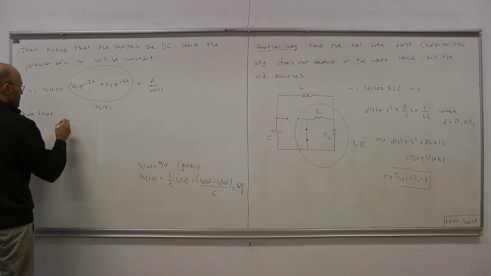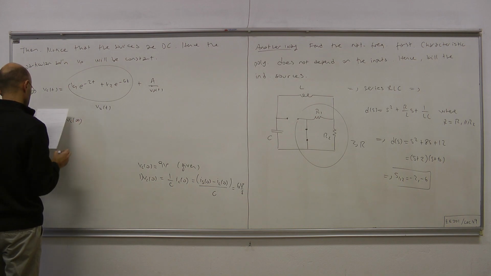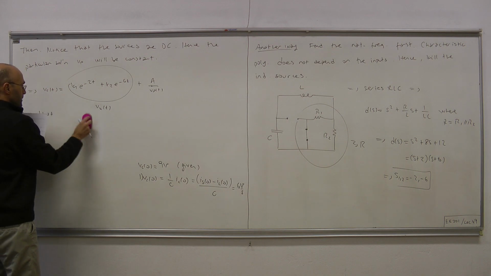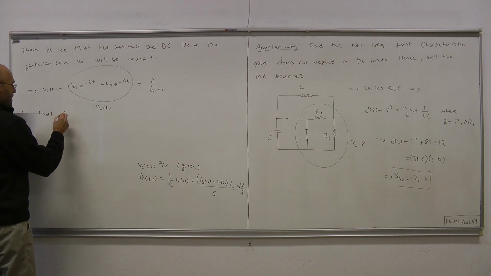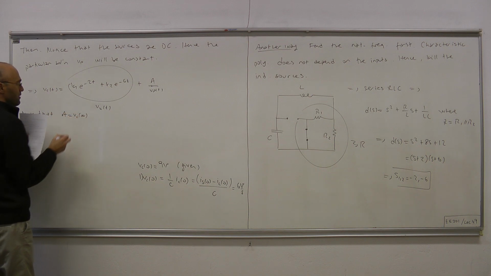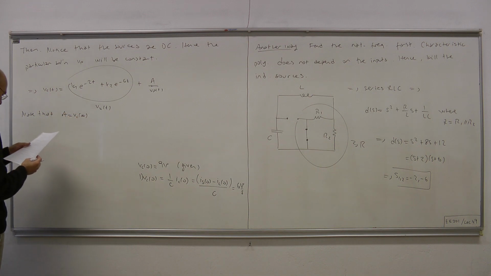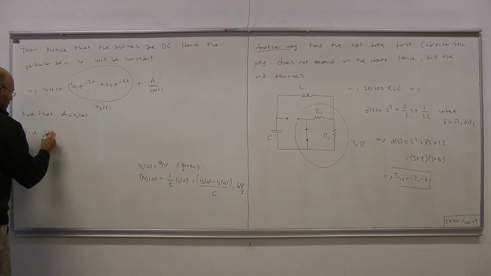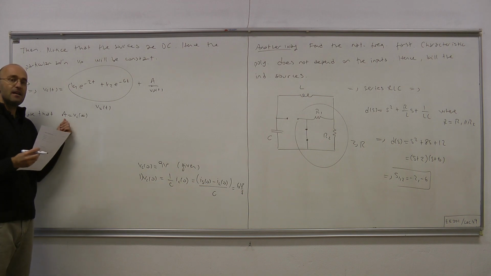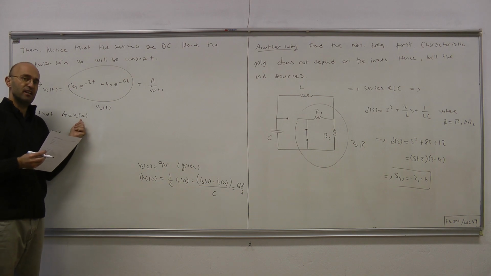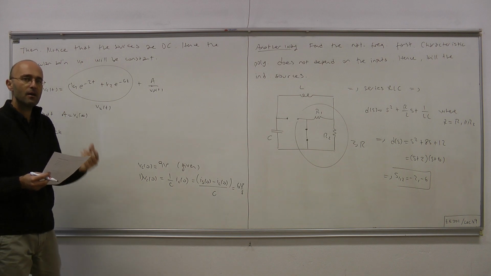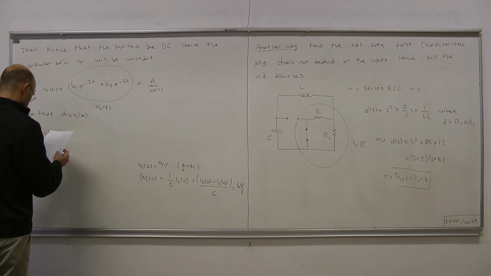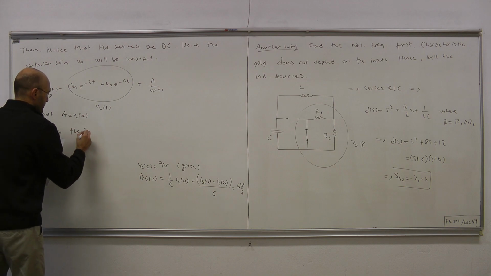So note that A must equal Vc infinity. Hence, we can figure out A by figuring out Vc infinity, and Vc infinity we can figure out by using the steady state circuit. Hence, check the steady state circuit.